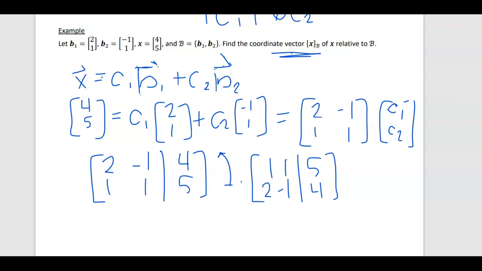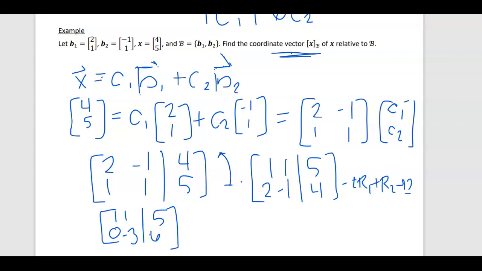And so I know that negative 2 row 1 plus row 2 into row 2 would give me 0, negative 3, and 6.